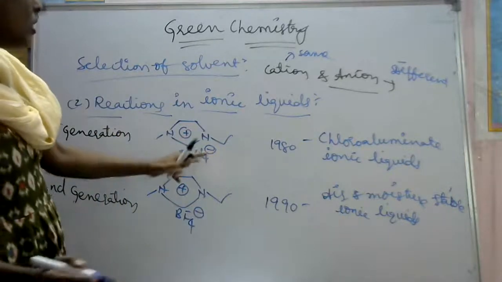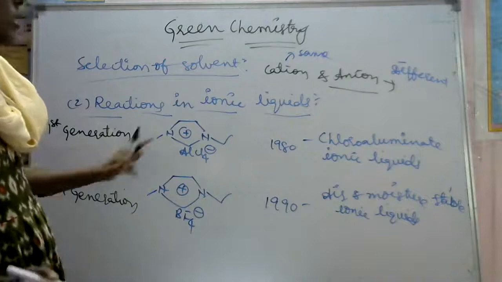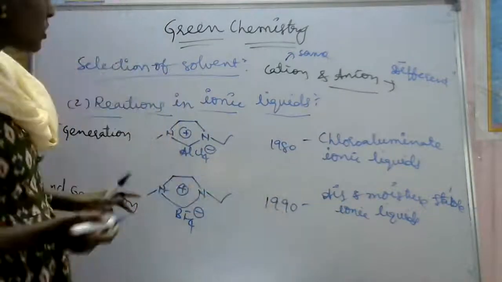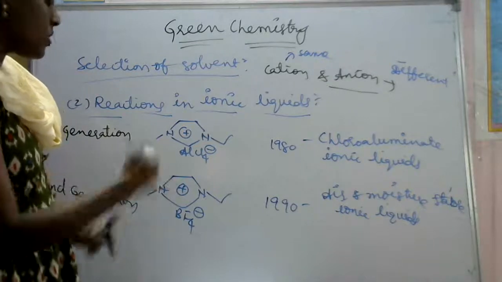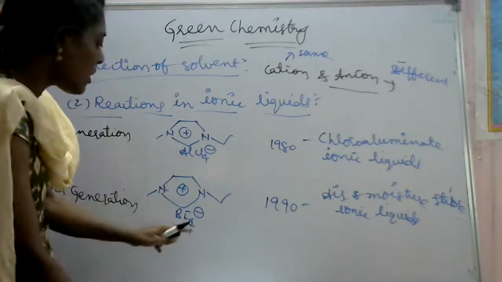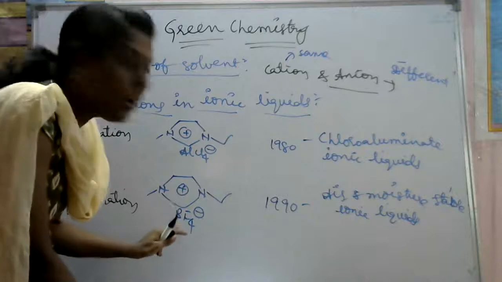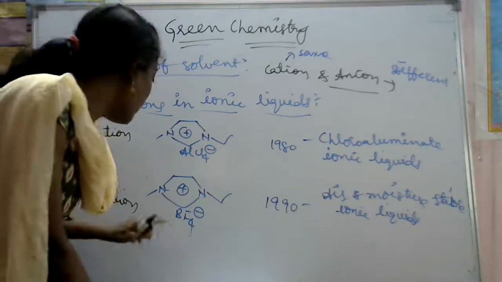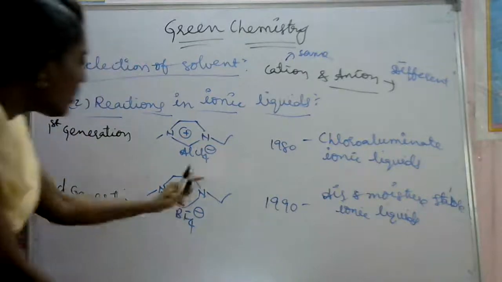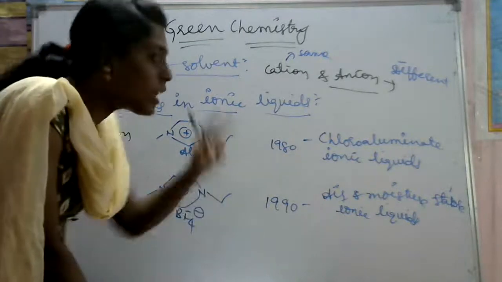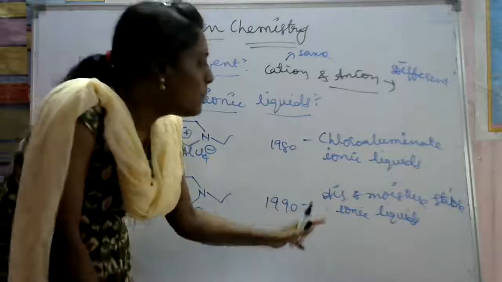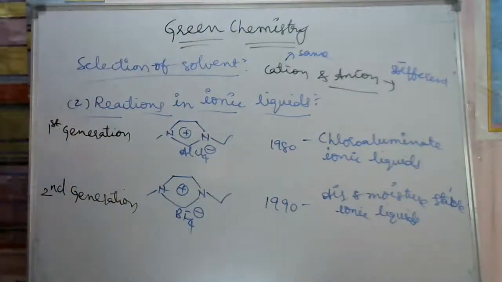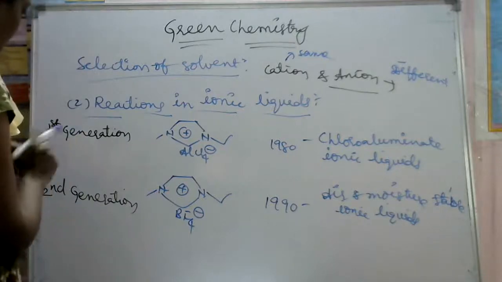The anion used in the first generation is the chloroaluminate ionic liquid. In the second generation they used the tetrafluoroborate anion, which is said to be the second generation ionic liquid, and it is more stable to air and moisture. Let's see the third generation.